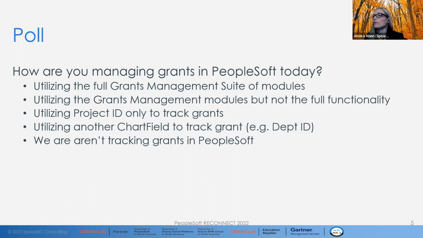I'd be curious to know which one that is. Is it department ID, chart field 1? But it looks like for the most part, people are not yet live using much in PeopleSoft for grants management. So I'm definitely going to try to incorporate some high-level information about PeopleSoft grants.